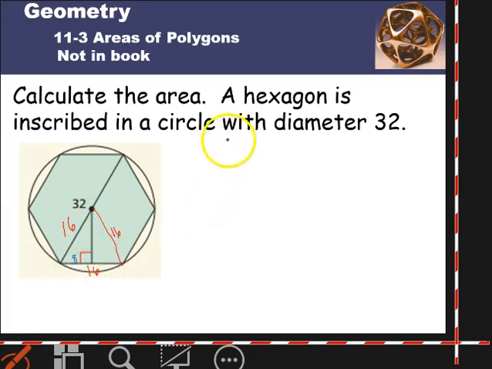So when I just look at this little half triangle here, I know that this is 8, and this is 16, and this is 60, and this is 30. And again, it's because this is a hexagon that this whole big angle was 60. And when I cut it in half, I got 30 here and then 60 down here.